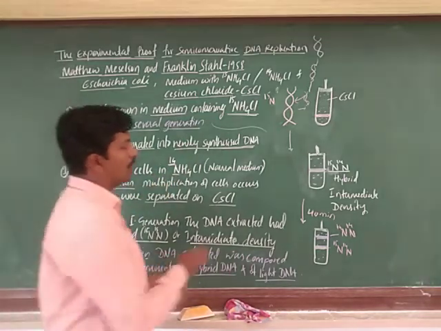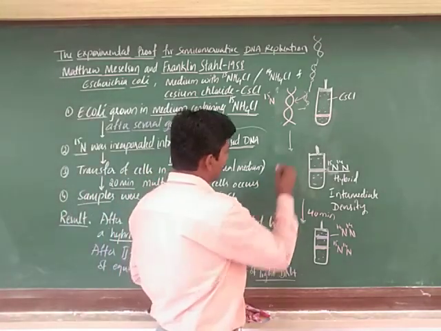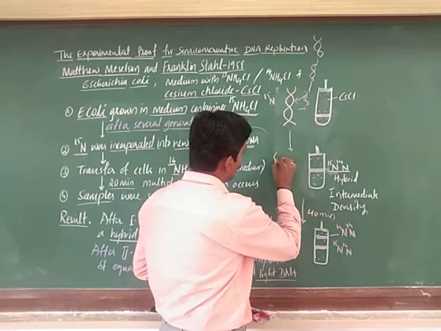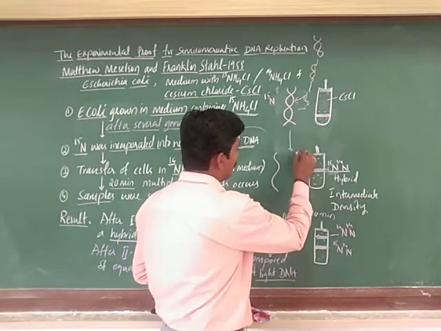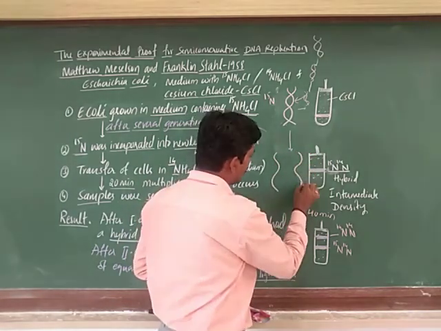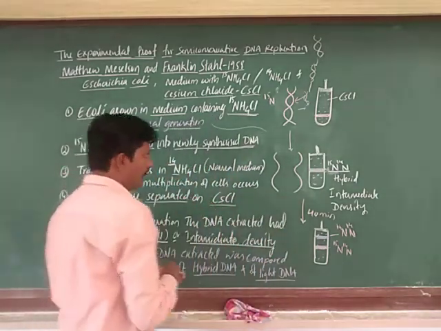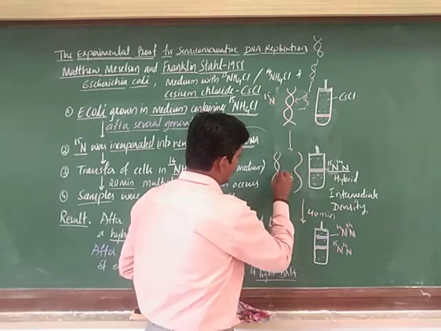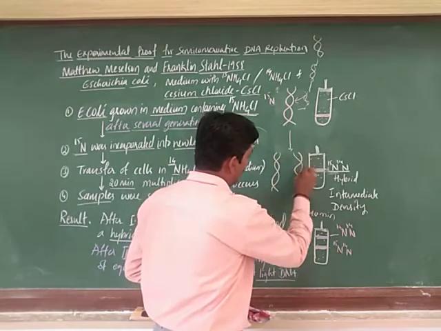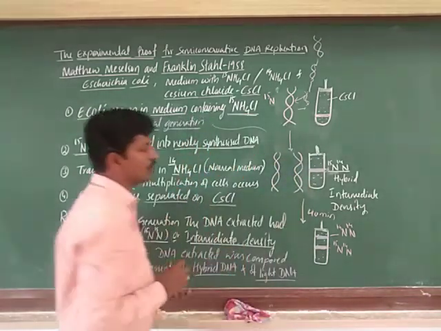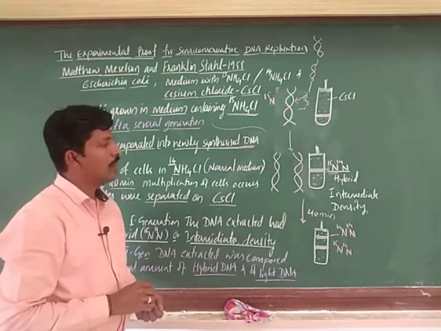So what happens? They get two separate strands, and there is a formation of new strands, right. In this way strands are newly formed.